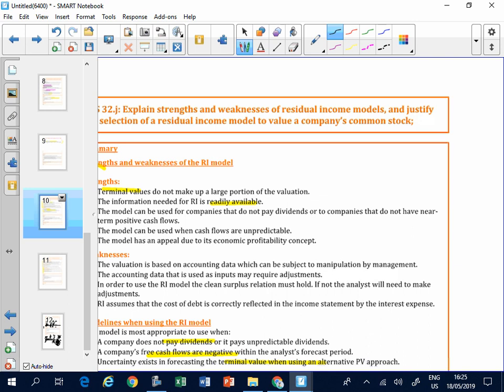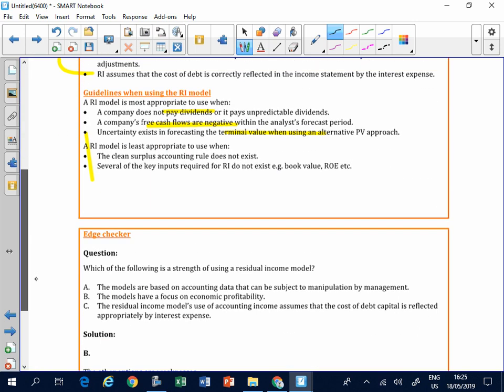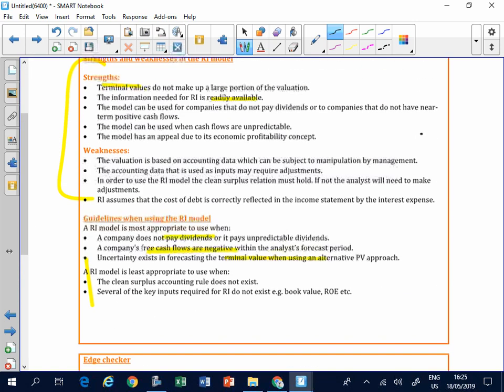The last point: residual income assumes that cost of debt is correctly reflected in the income statement by interest expense, because the cash flow of your debt and your reflection can be different, for a variety of reasons, amortization and so on. So they assume it's 1-to-1. Yeah.